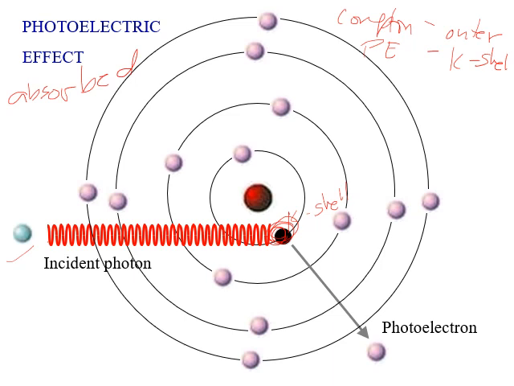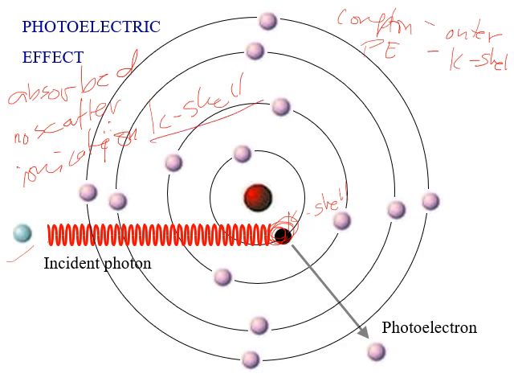So, no scatter radiation because it was absorbed. But there is ionization. So, may ionization tayo sa K shell. Ito siya. And there is a removed electron. The removed electron is also called a photoelectron.